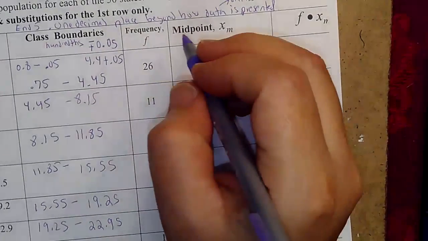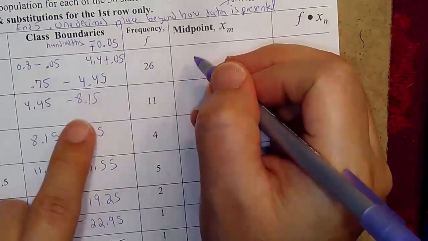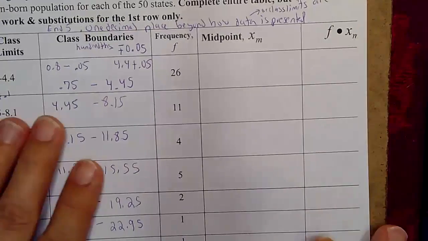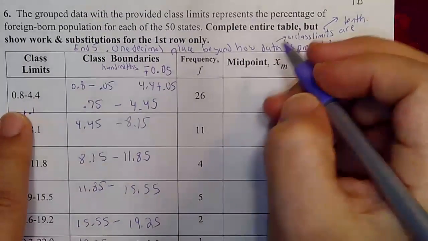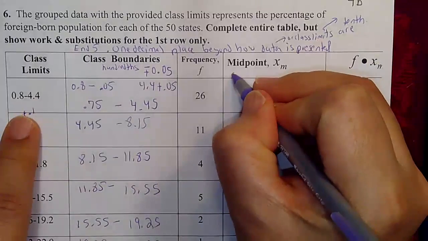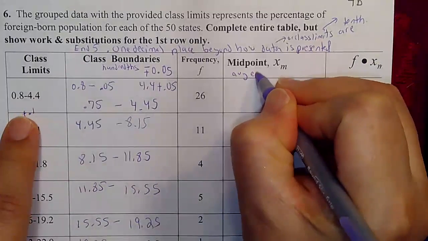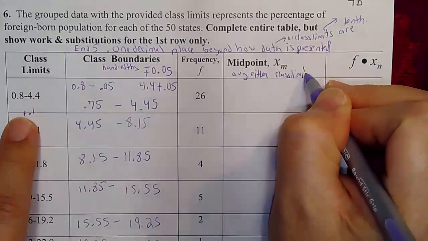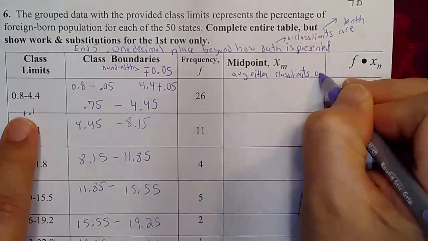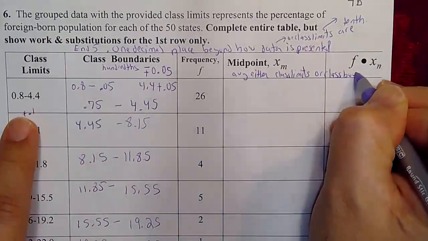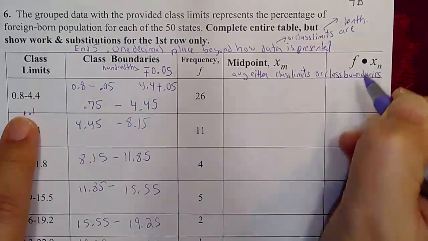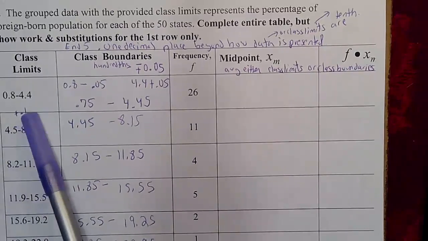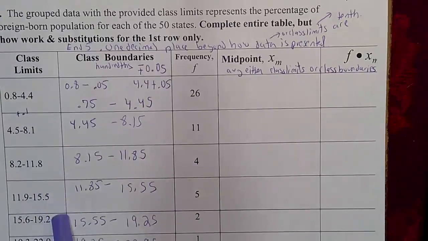Then remember your midpoint, you display it for the first one. For the midpoint, you have a choice. You can take your class limits, add them up, and divide by 2. So you can average either class limits or class boundaries, and you can abbreviate class boundaries as CB, but you do have to average either. Maybe class limits are more reliable because they were given, where these you had to calculate.